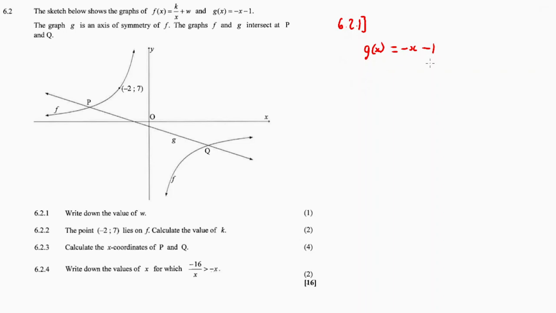The x-intercept, or let me say, if I let y be equal to 0, I will find the horizontal asymptote. When I let x be equal to 0, I find the vertical asymptote.